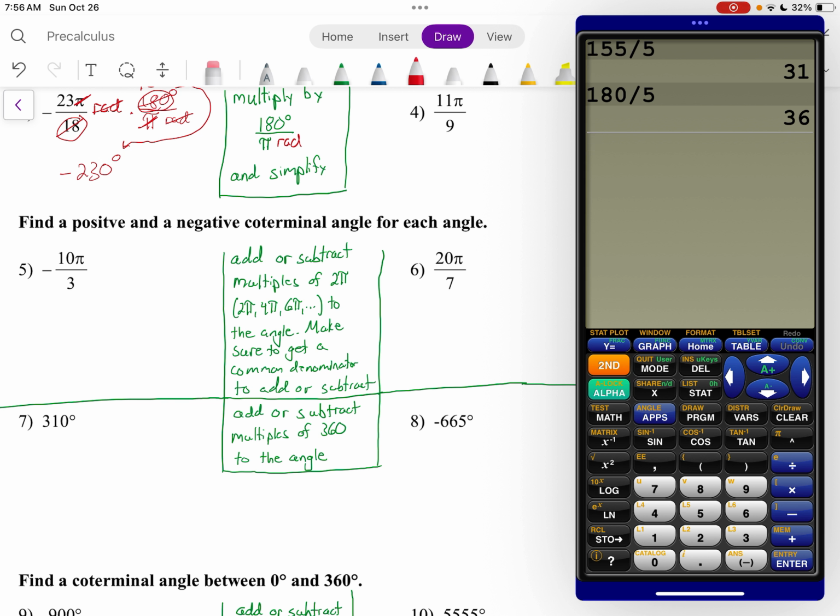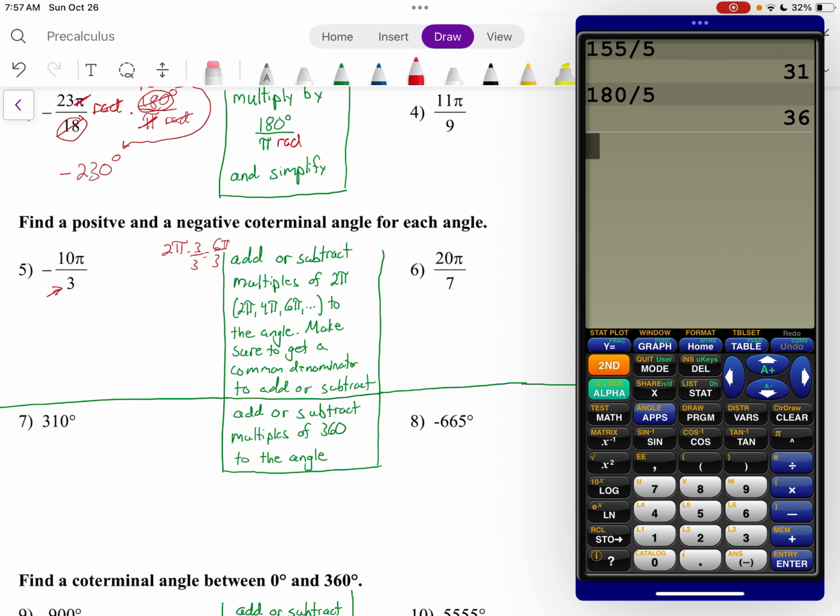Make sure we get a common denominator in order to add or subtract. So we want to add 2 pi to this, or a multiple of 2 pi. So since this is a denominator of 3, we can think, all right, well, 2 pi, multiply that by 3 over 3 to get a common denominator is 6 pi over 3.